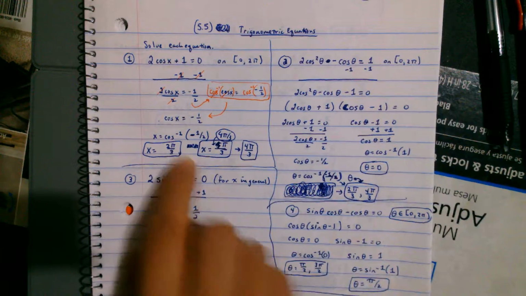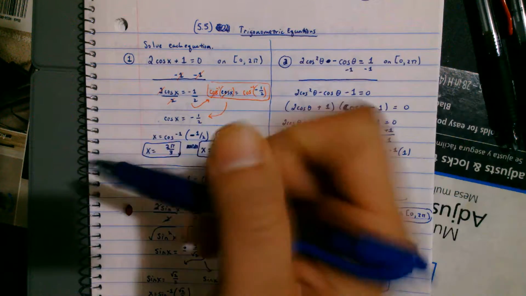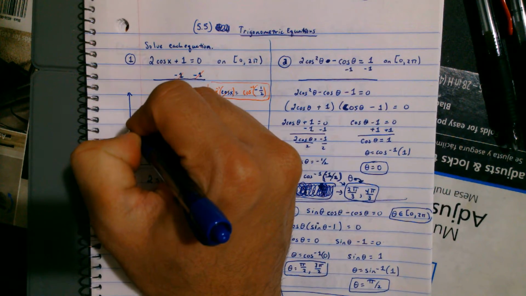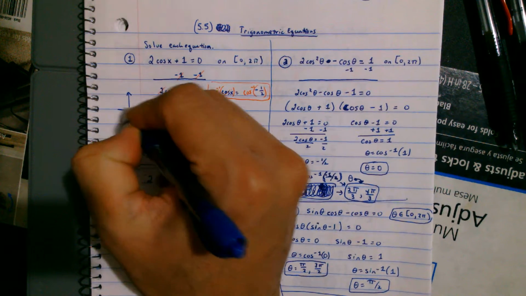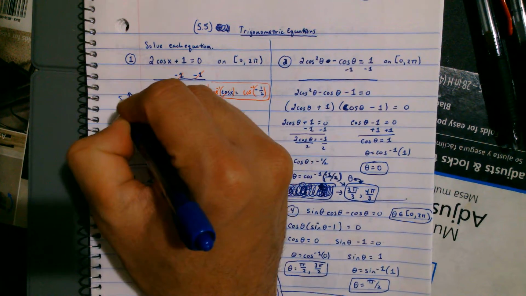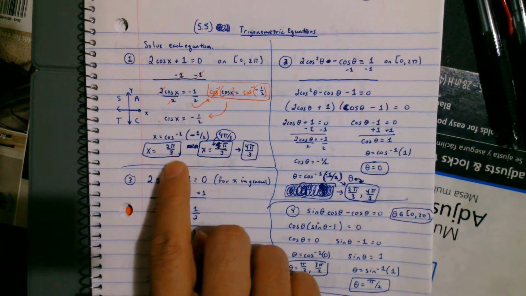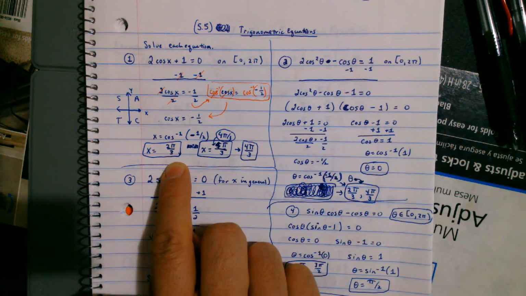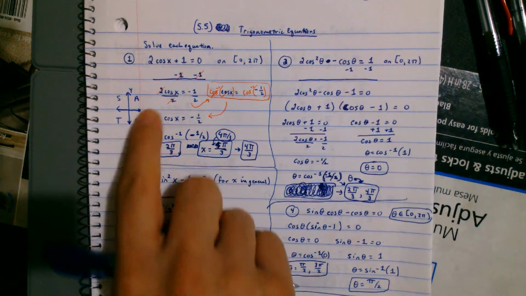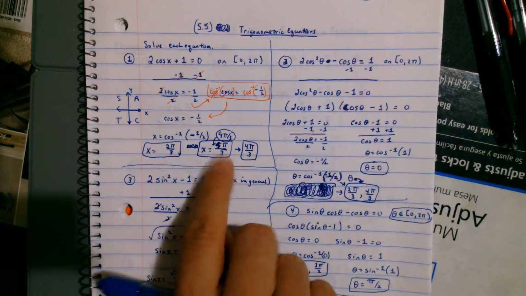So now, as you look at the 4 quadrants, recall that you're looking for any of the 4 quadrants where cosine is negative.